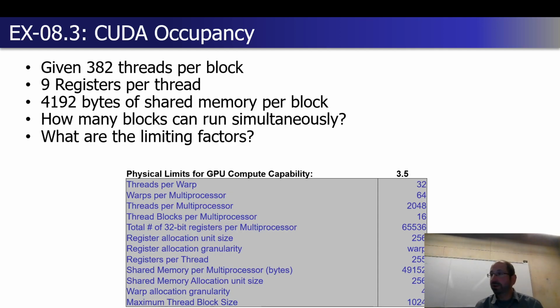Of course, with the spreadsheet, I could just type that in. We can do that if we want to, but can we reason about what's happening here given the physical limits for GPU compute capability 3.5?